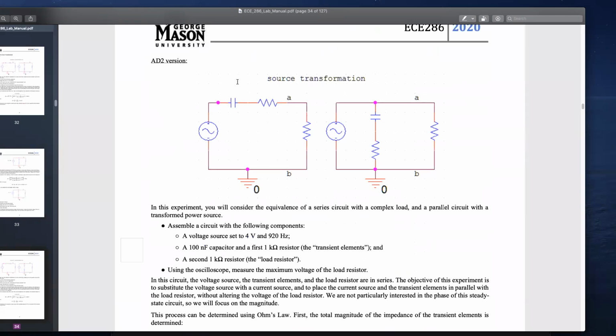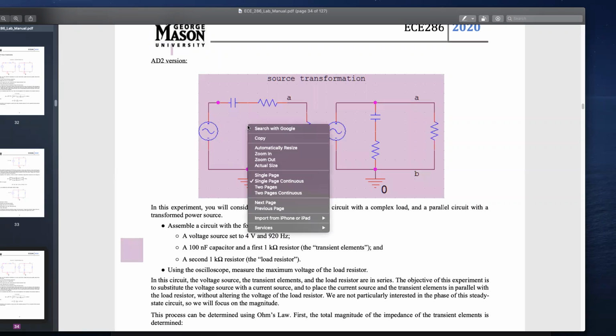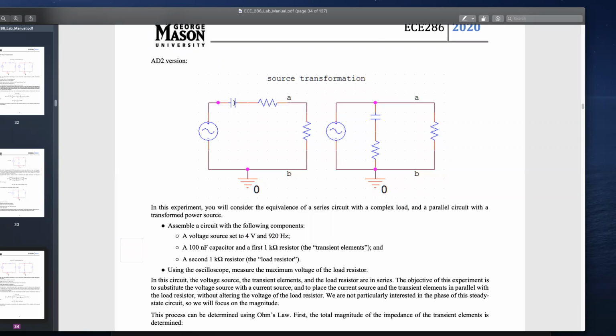It's the same thing as the NLab version, but you're using a lower voltage. You are supplying a 4-volt AC sine source at 920 hertz, and you initially have 3 elements in series with one another: a capacitor and 2 resistors, 2 1K resistors and a 100 nanofarad capacitor.